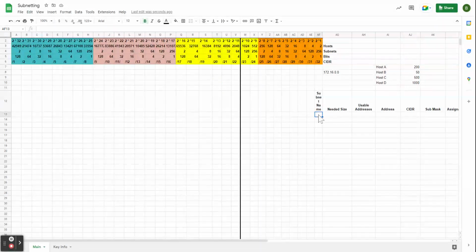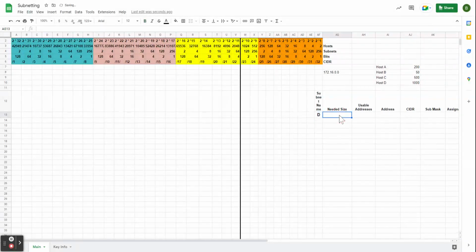Let's call this one host D, and the size needed is 1,000. Usable addresses: we've got 1,024, but remember to take off 2, so it's 1,022. One's for the network and one's for the broadcast. The addressing starting point is just the question, 172.16.0.0.